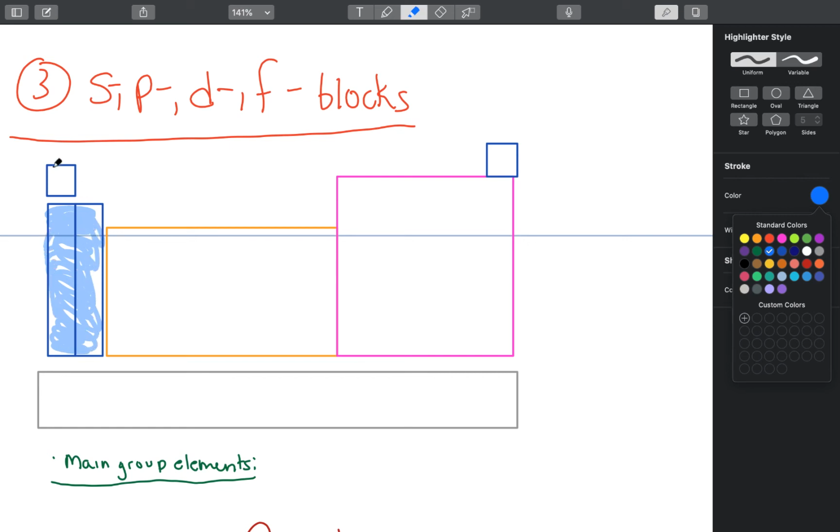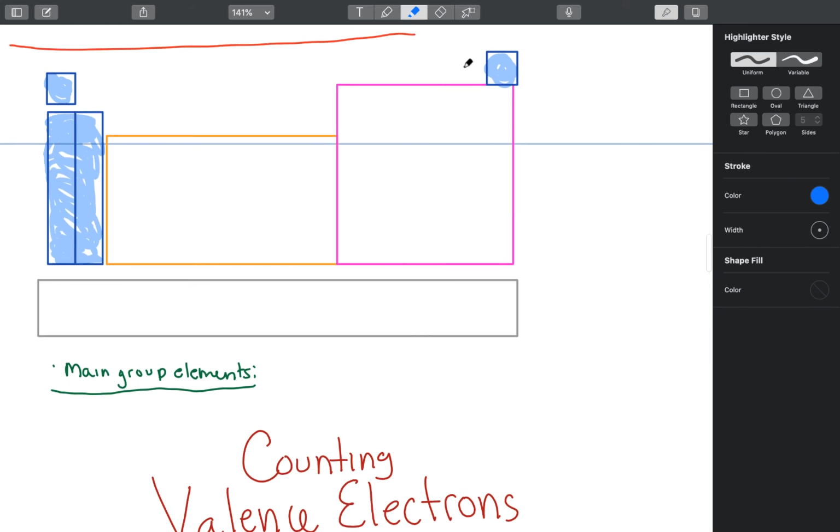So your alkali earth metals and your alkali metals, and of course hydrogen and helium. So this is your S block. So the S block is your group 1 and group 2 metals, along with hydrogen and helium. So let's label that for you. So this is your S block. So your S block is in blue.